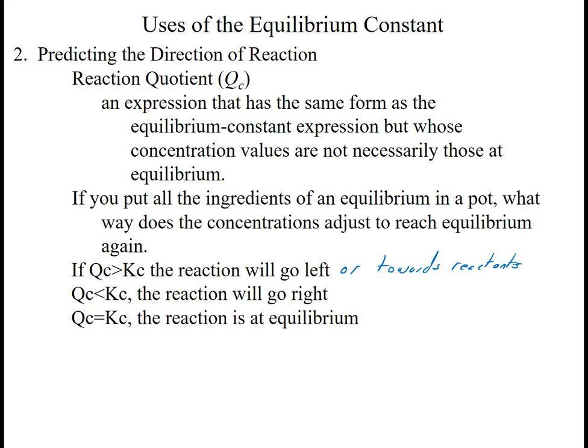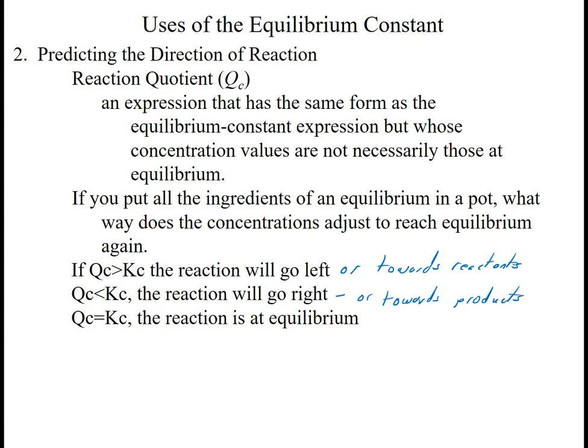It can go right if QC is less than KC, and that would be right or towards products. And if QC is equal to KC, then the reaction's at equilibrium.